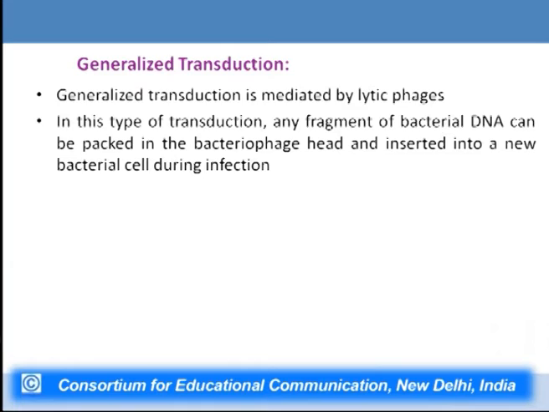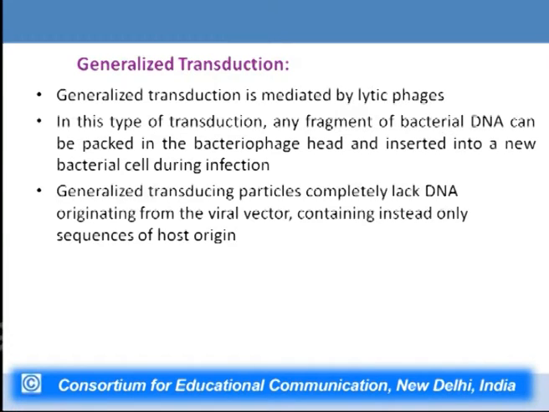In this type of transduction, any fragment of bacterial DNA can be packed in the bacteriophage head and inserted into a new bacterial cell during infection. As I have already told earlier, the generalized transducing particles completely lack DNA originating from the viral vector, containing instead only sequences of host origin. So, the transducing bacteriophages which lead to generalized transduction do not contain any DNA of the virus or the bacteriophage.